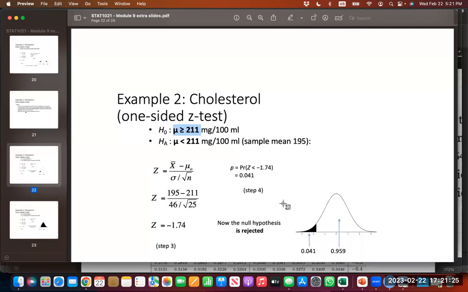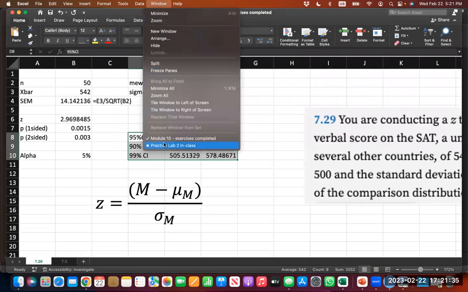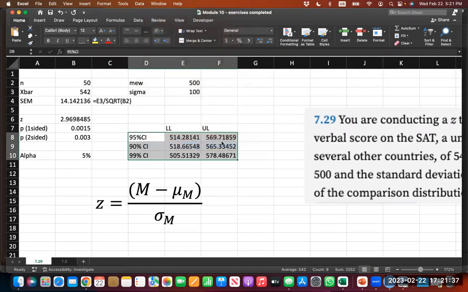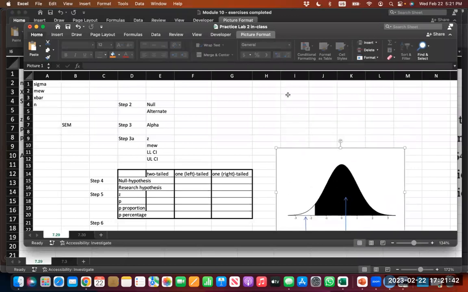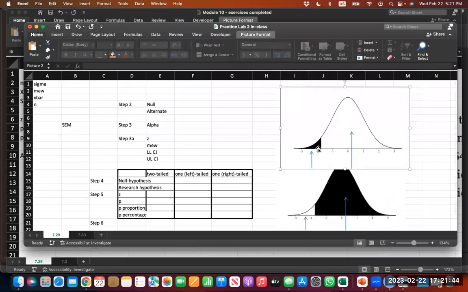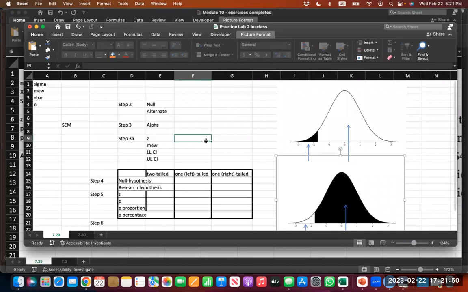And this is why it's important to sketch out that normal distribution curve, because by doing that, you're helping yourself a little bit. So let's assume again we're doing the example from last class. And I'm not really sketching it, I'm showing you this way.